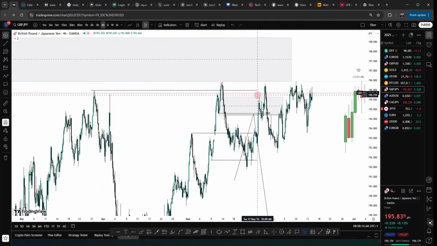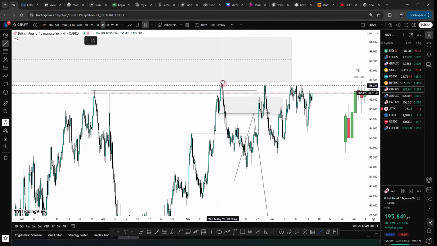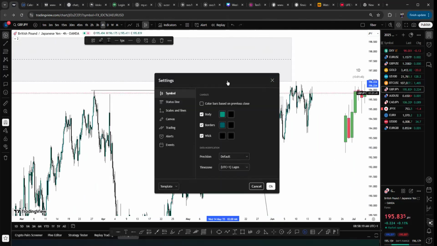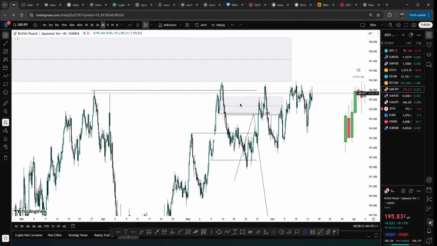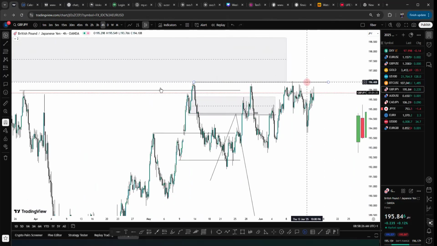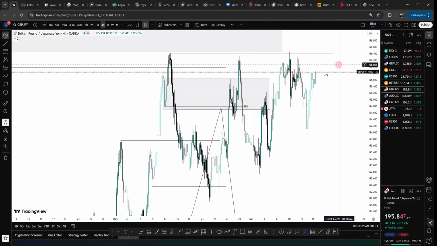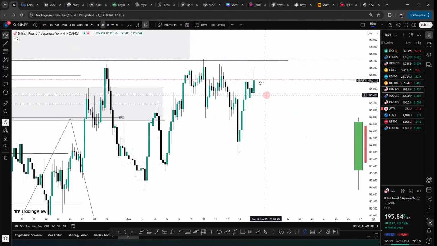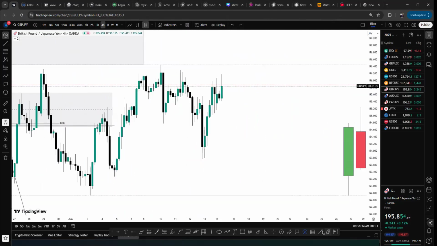But with this much accumulation here, there's a possibility that we can have price give us a heavy manipulation to the upside. Now, I wouldn't want to say that's the only manipulation that has happened, and in case that's it, I want to see a bearish close right here.